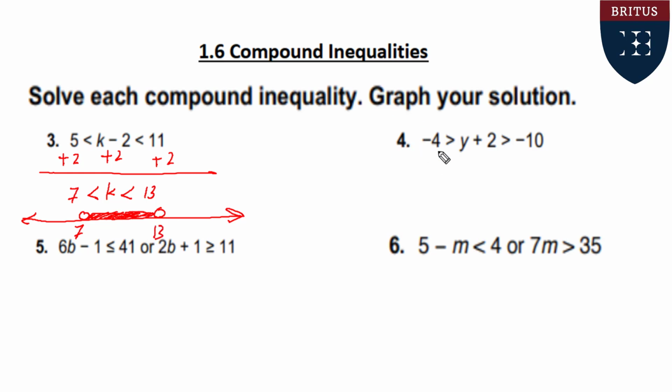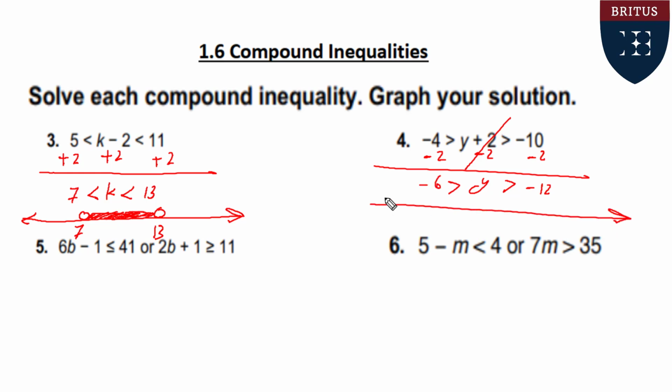By the same way, number 4, just subtract 2 from all sides. Now we can cancel, so y is greater than negative 10 minus 2, which is equal to negative 12, less than negative 4 minus 2, which is equal to negative 6.